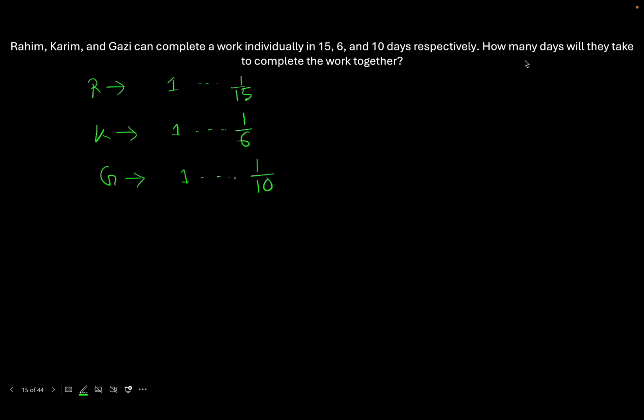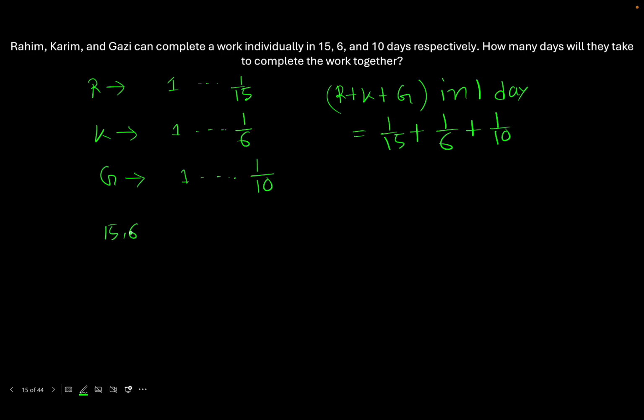So we want the total days when they work together. So we can write Rohim plus Karim plus Gaji in one day will be 1 by 15 plus 1 by 6 plus 1 by 10, and we have to find the LCM of these terms. 5, 3, 6, 2 and 3, it will be 1, 2 and 2, and 2, it will be 1, 1, 1.